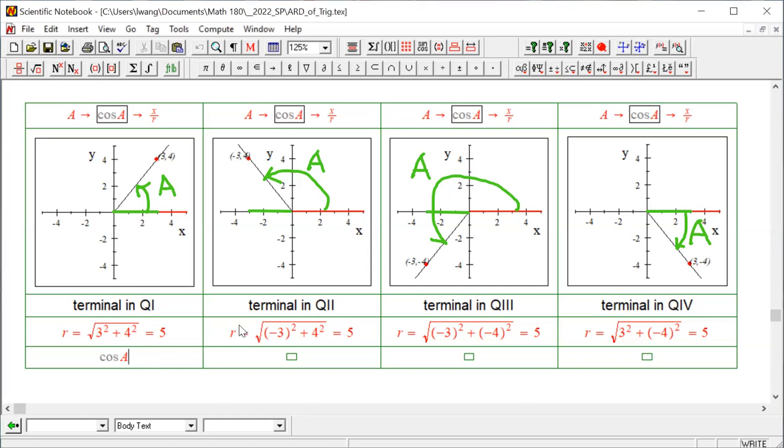In the first quadrant, it just equals x over r. X is 3, so 3 over 5.